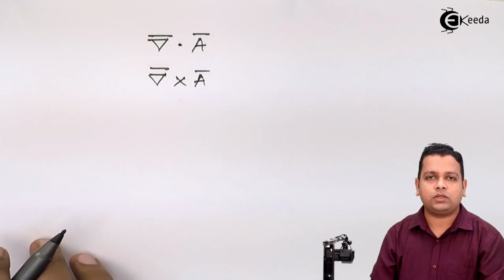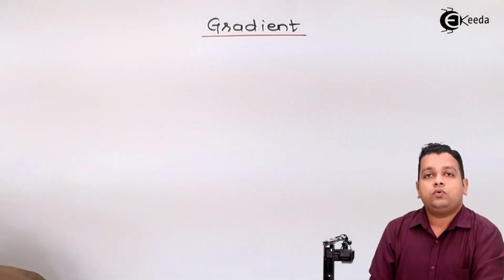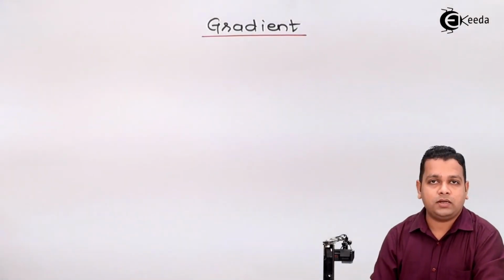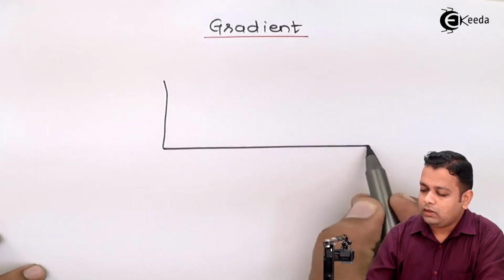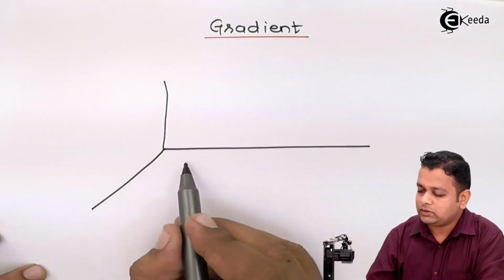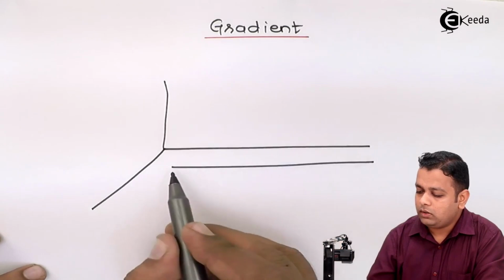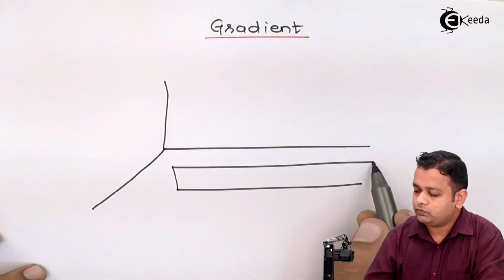So let us start with the gradient. To understand the concept of gradient, let us discuss one example. In this example, I take a metal rod which has uniform material configuration.